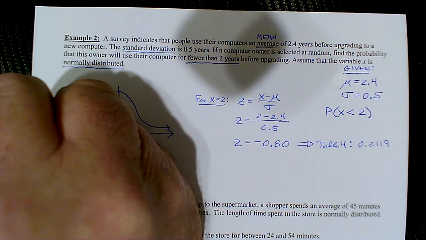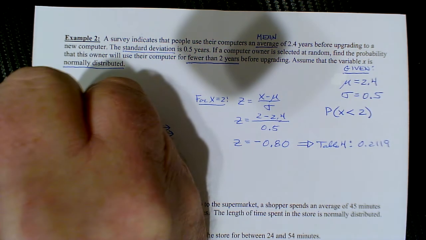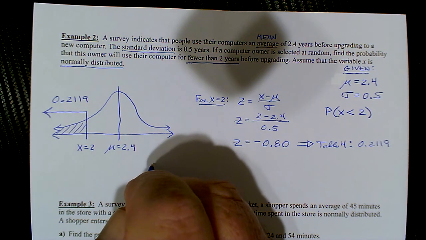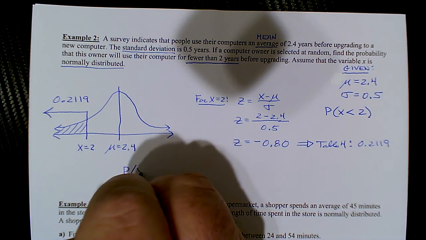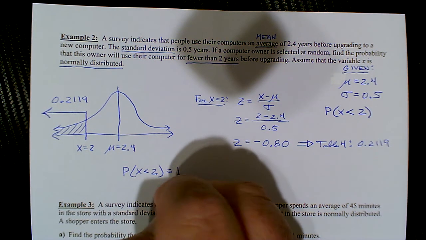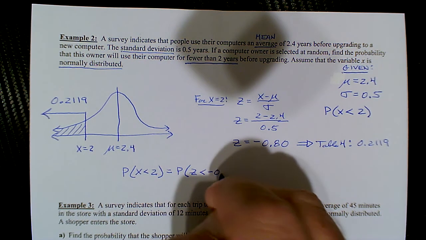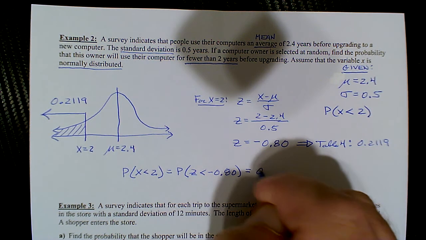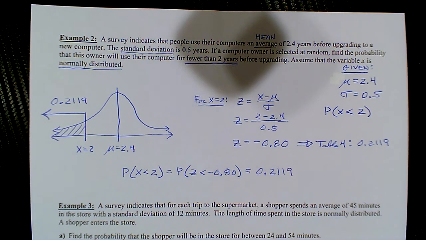So labeling that on our sketch, we see now, if you want to be formal, the probability that x is less than 2 is the same as the probability that z is less than negative 0.80, which is that probability that we found in Table 4, the 0.2119.